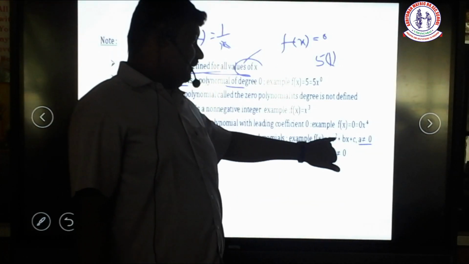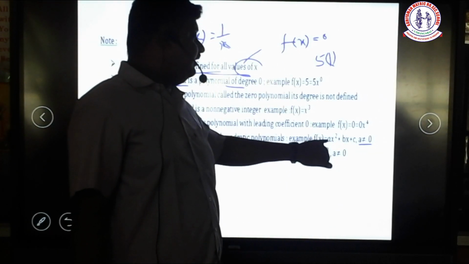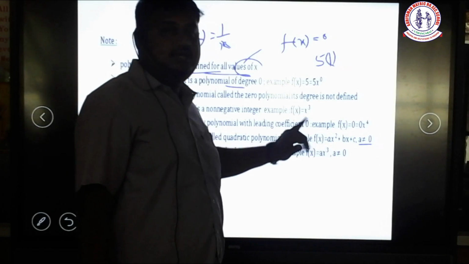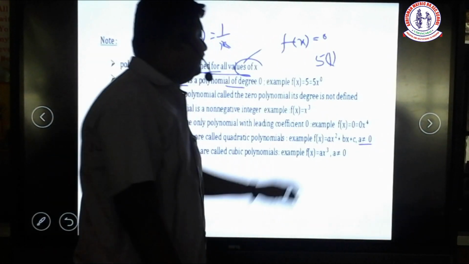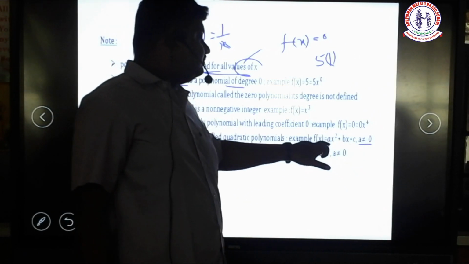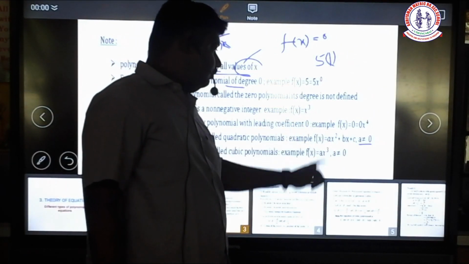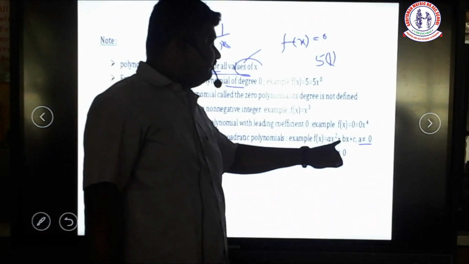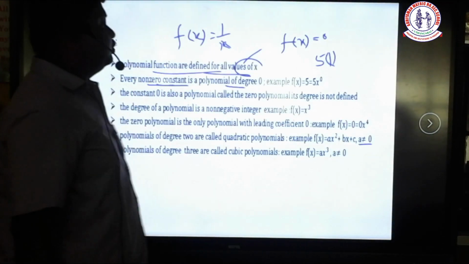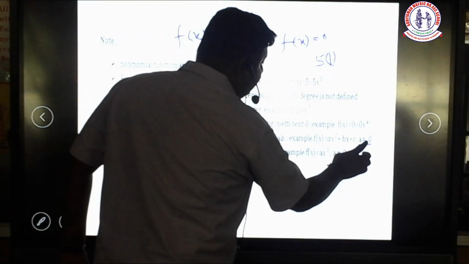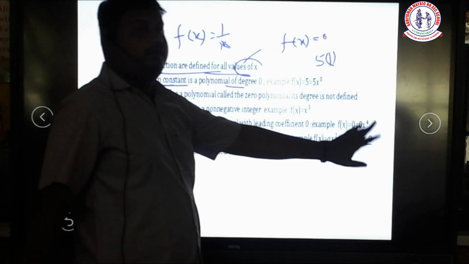This is the highest degree term, and a is the leading coefficient. It should not be 0. If it becomes 0, we get bx plus c, which is a linear polynomial. So whenever you write this condition, definitely write a not equal to 0.